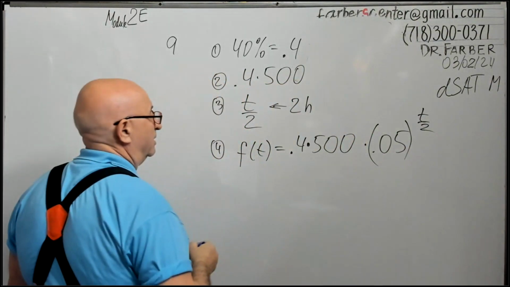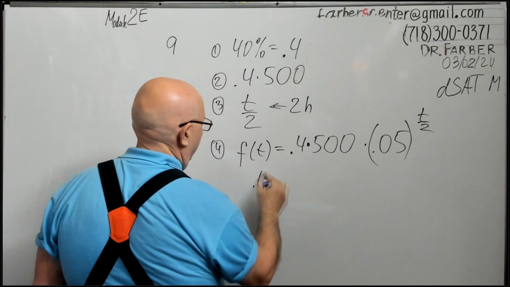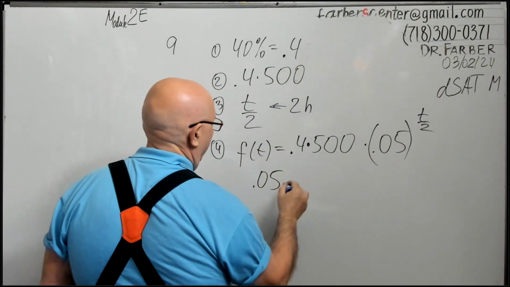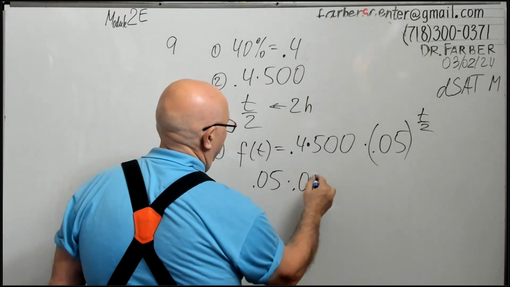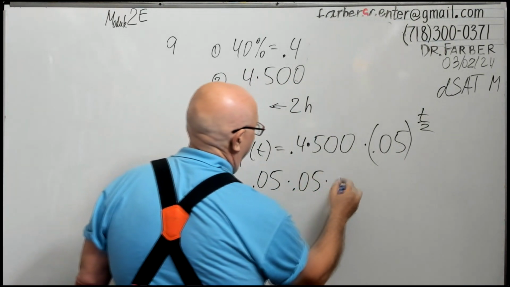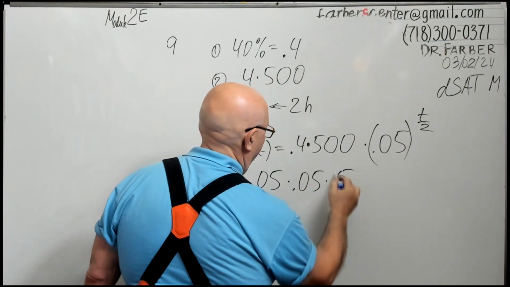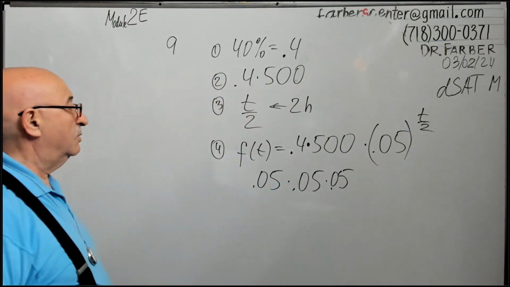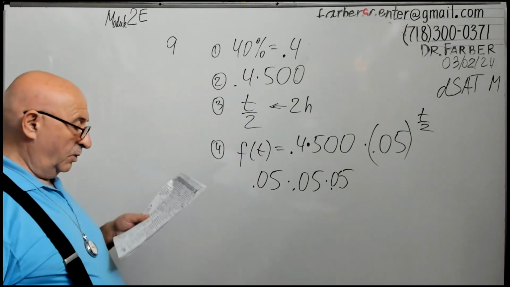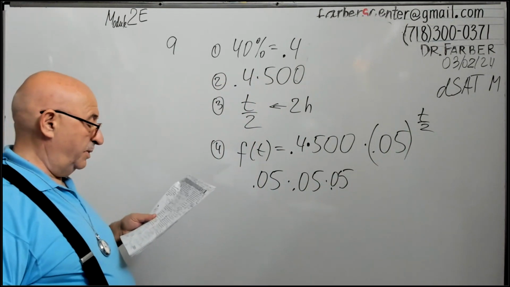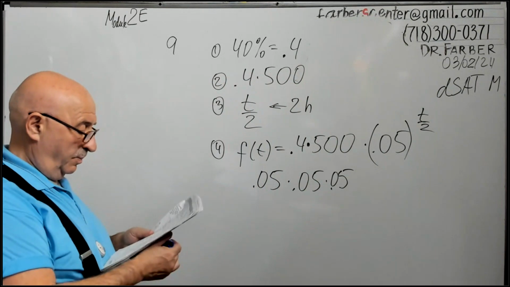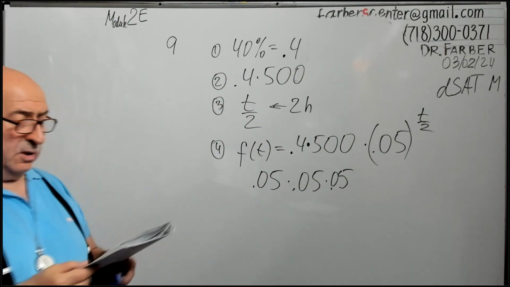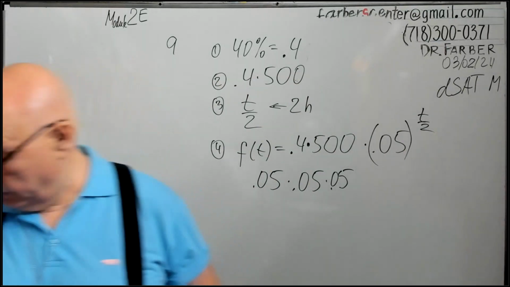It's like a geometric sequence because every time the first half-life is 0.5, the second 0.5, the third 0.5, etc. Instead of writing 0.5 repeatedly, you put this t over 2 because every 2 hours. If you look at the multiple choice, this is clearly B as in boy. So far so good. Questions? This is 9.